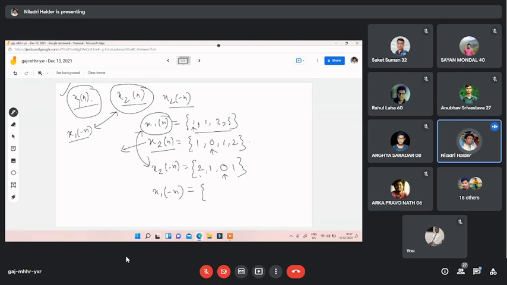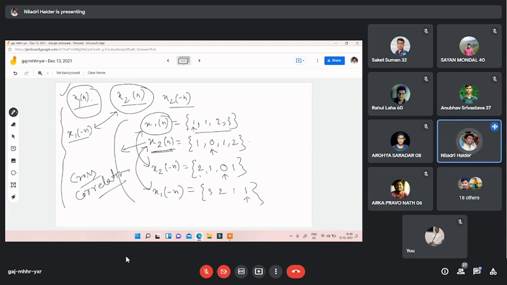Then make the linear convolution between these two. You will understand the correlated value related to x2[n] as the output. That is called cross correlation. Okay, clear?